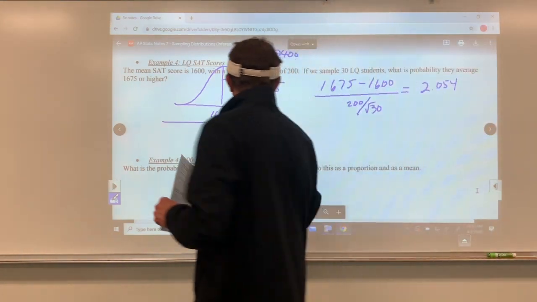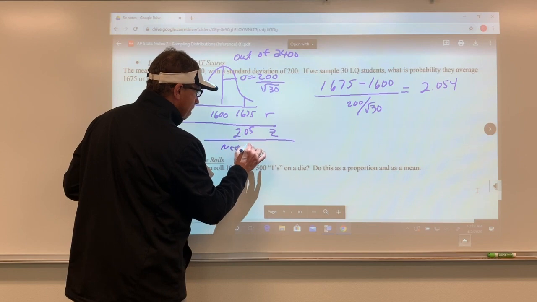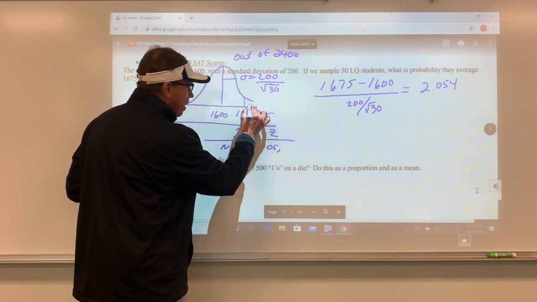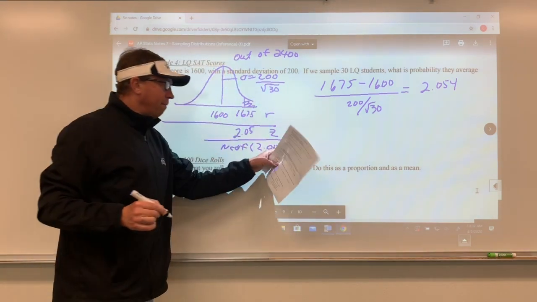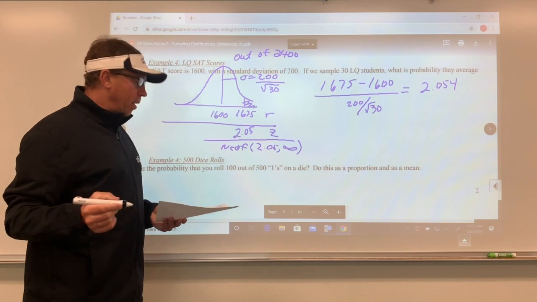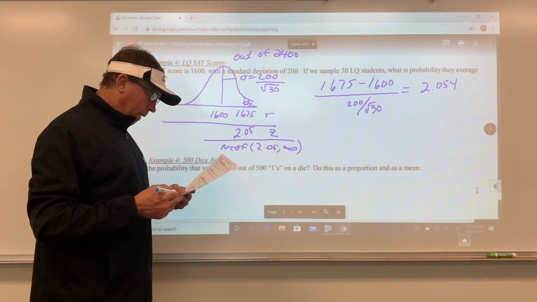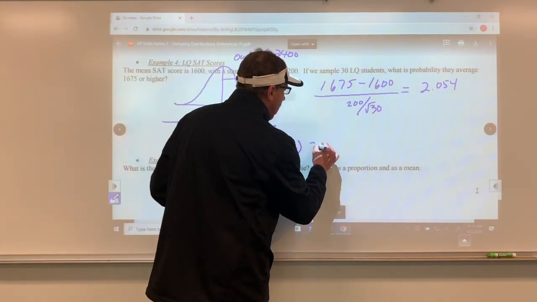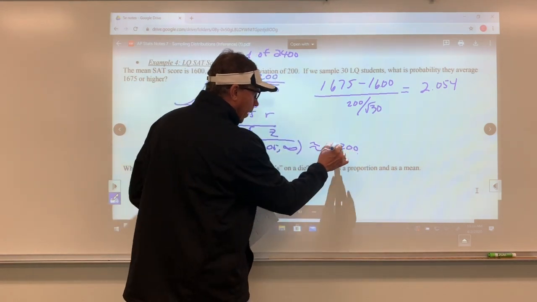And then we're going to do NCDF, as you guys are used to doing. 2.05 and then, or higher, and some form of infinity. Write infinity on your test, put in 100 on your calculator, and you are going to get a p-value of around 0.0200, somewhere around there, okay?